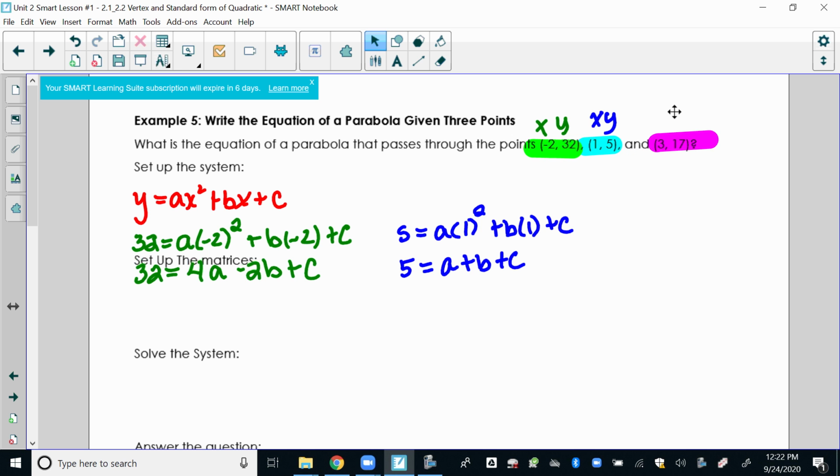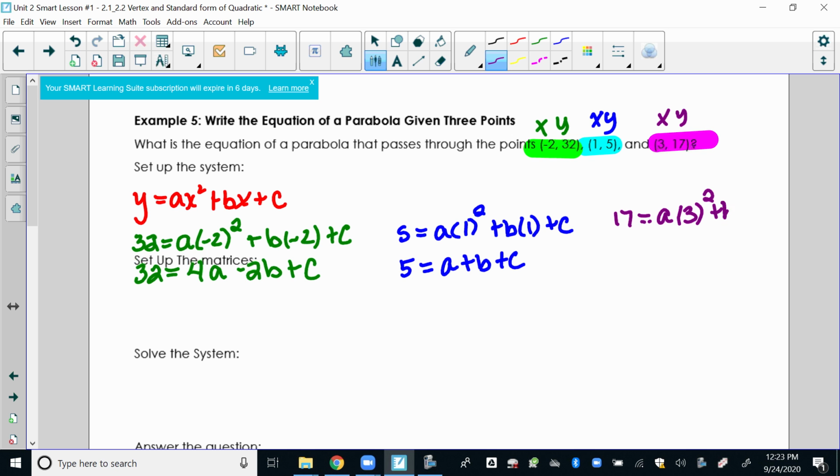We get our third equation by using our third set of coordinates, and that gives us 17 equals a times 3 squared plus b times 3 plus c. So we're left with 17 equals 9a plus 3b plus c.